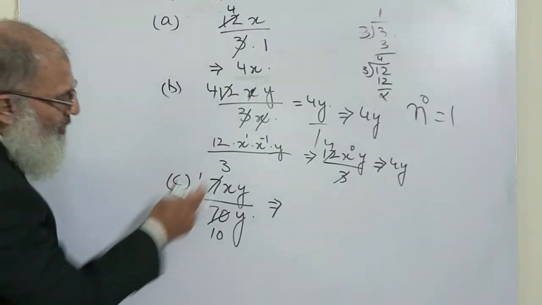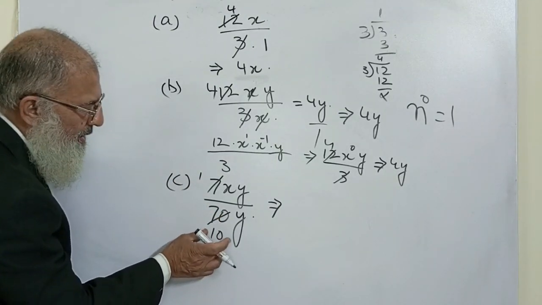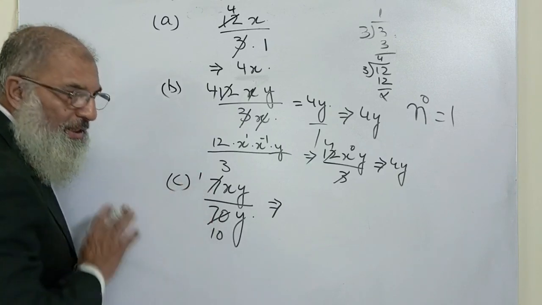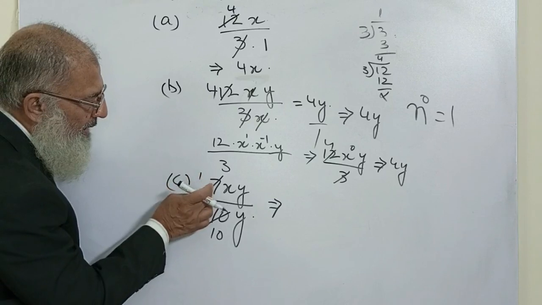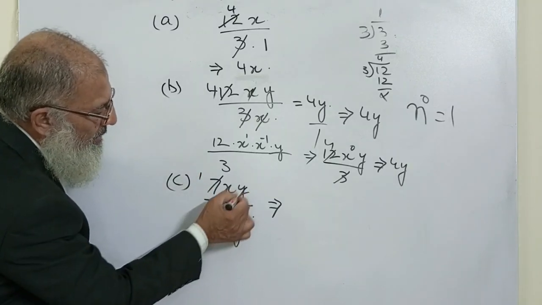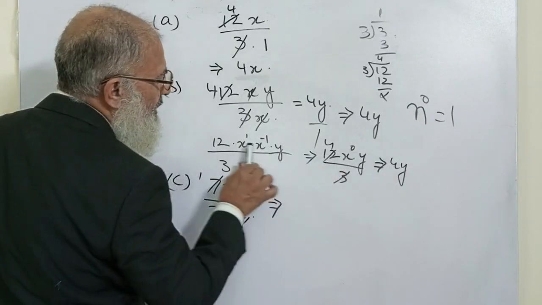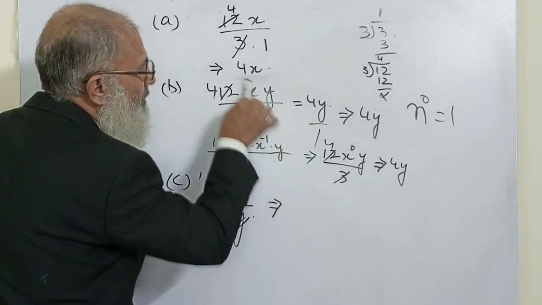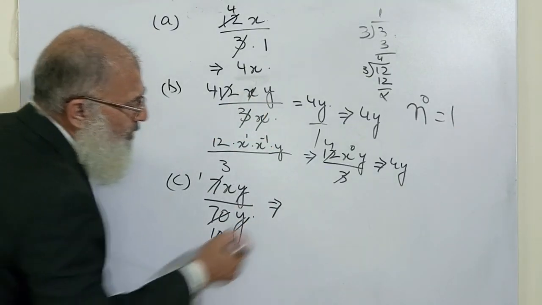You can just cross and write here also. There is no restriction that you cannot write over here. You can write it here like this: 7 1 times 7 and 7 10 times. Now y is crossing y, just like in the earlier ones. You see what is the outcome now?